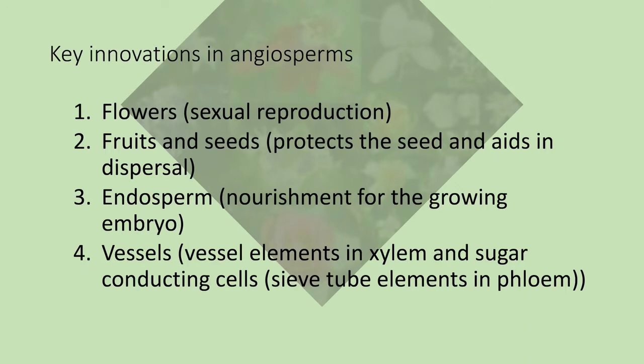And then in the vessels and the xylem and phloem, the conducting cells, they also have vessel elements in the xylem, which are much more efficient at moving water than the tracheids of the other plants. All right, so we're going to look mainly at 1 through 3 of these, and we're going to discover what makes angiosperms so successful.